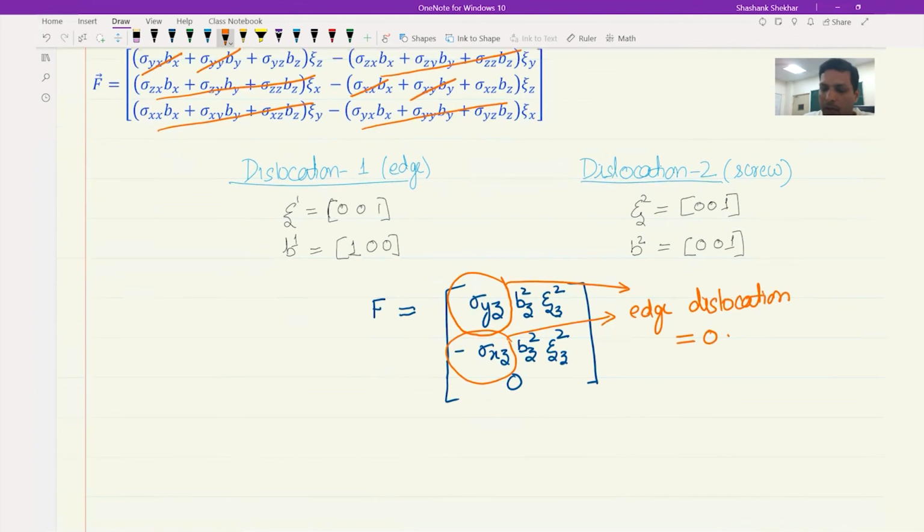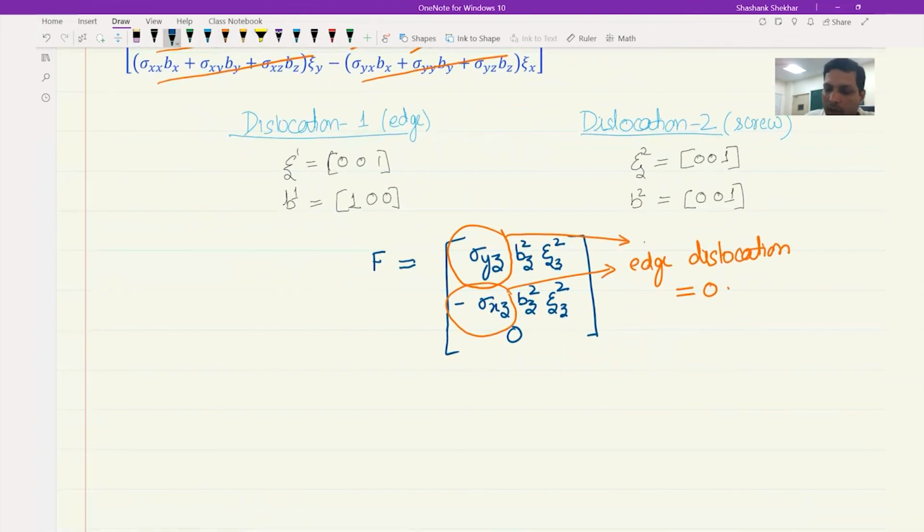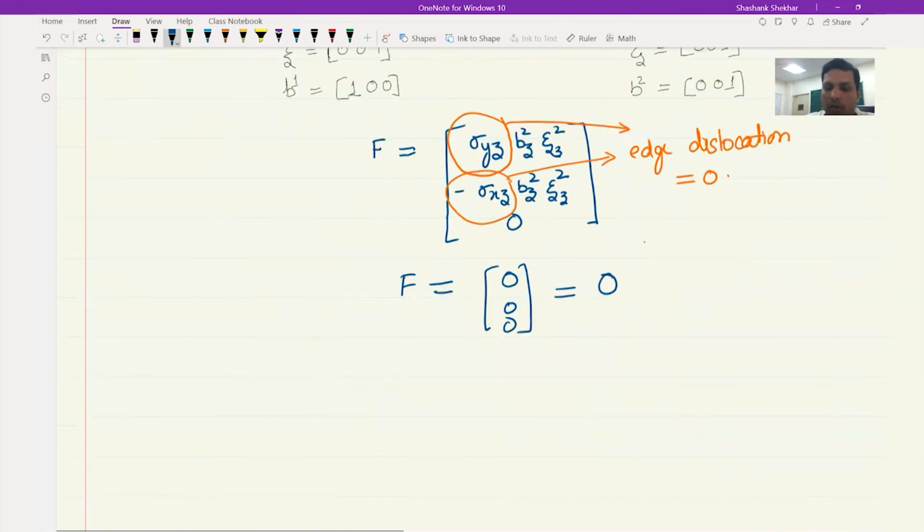Which means that the total force acting is equal to 0. There is no force acting on the screw dislocation because of the edge dislocation, or vice versa. That is, no force is acting on the edge dislocation because of the screw dislocation.